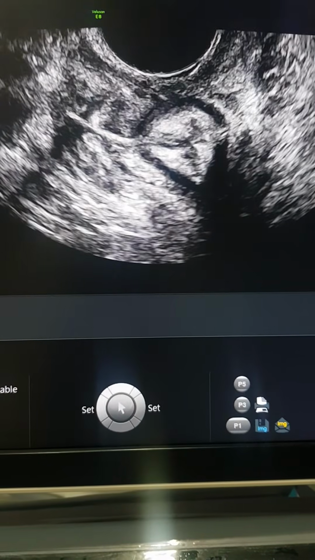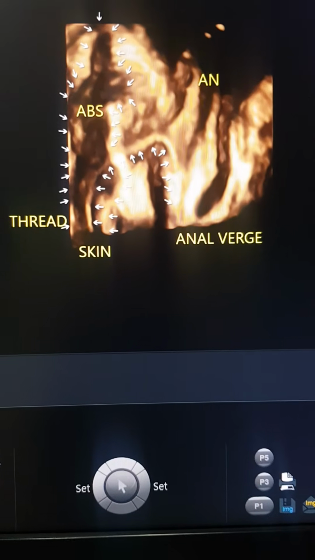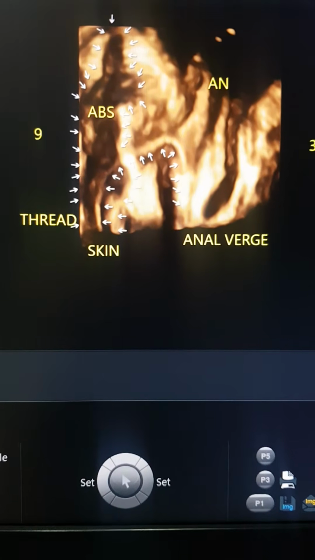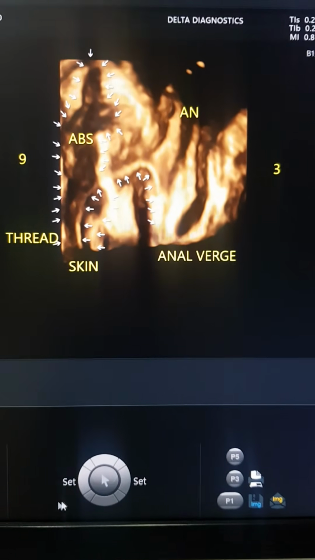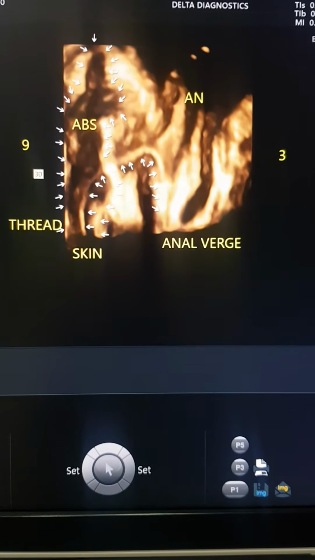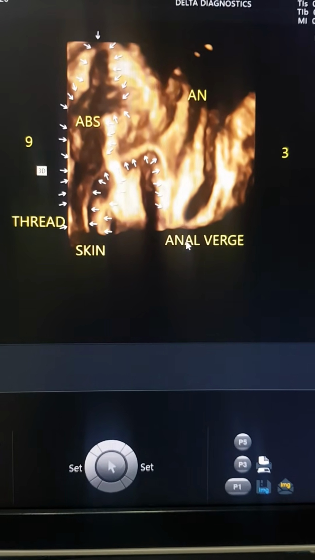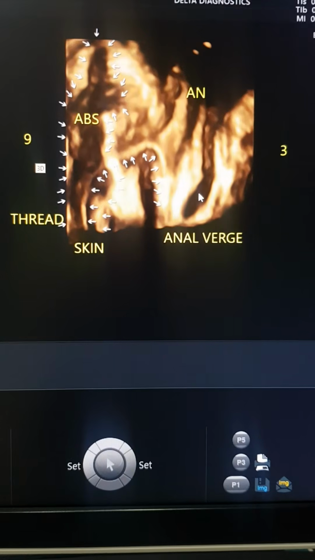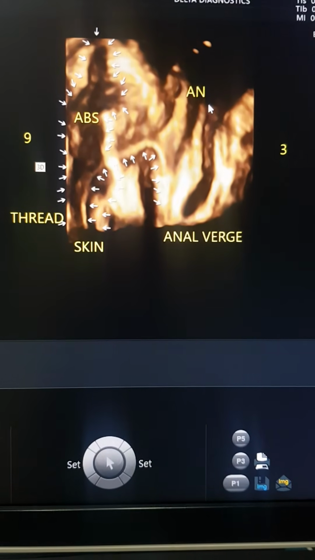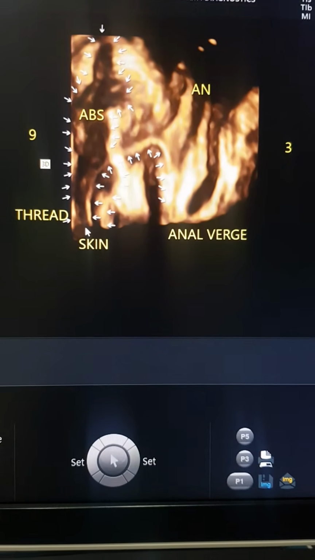Finally I tried another 3D, and look at the amazing anatomy. This is 9 o'clock position, this is 3 o'clock position, that's inferior, that's superior, this is the anal verge, that's the collapsed anal canal, and this is the skin opening at 9 o'clock position.